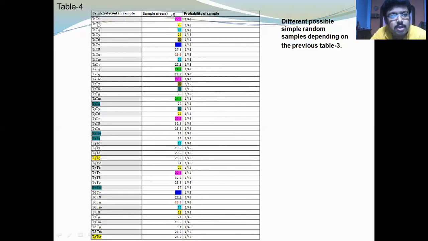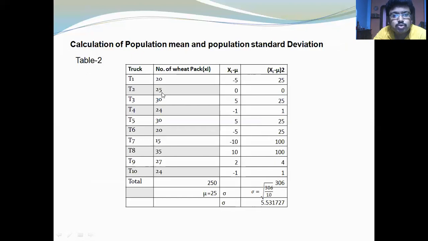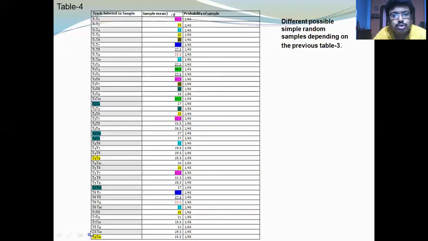This is the sample of two trucks. We have taken two trucks, T1 and T2, and we get the sample mean 22.5. How? Look at this: 20 plus 25 divided by 2 is nothing but 22.5.